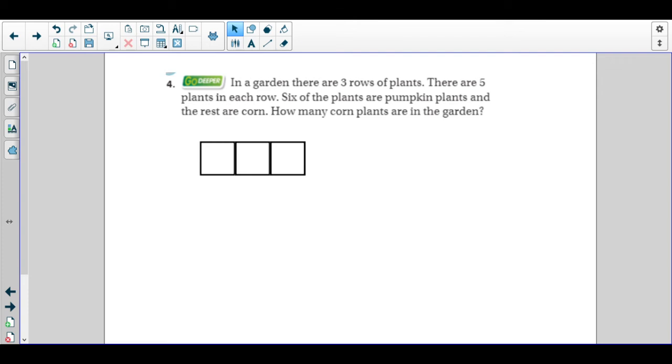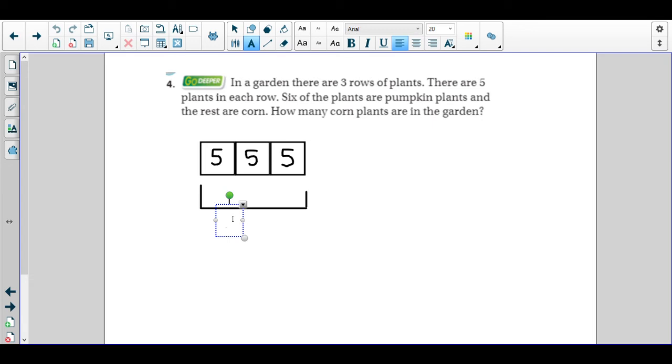And in each of these 3 rows, we have 5 plants. So there's 1, 5, 10, and 15. So we have a grand total of 15 plants. Just like that.